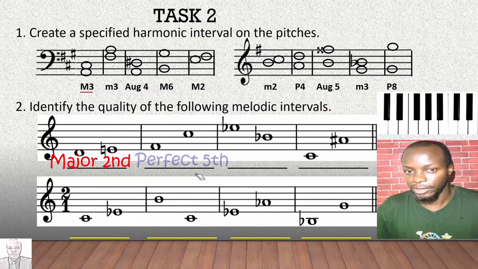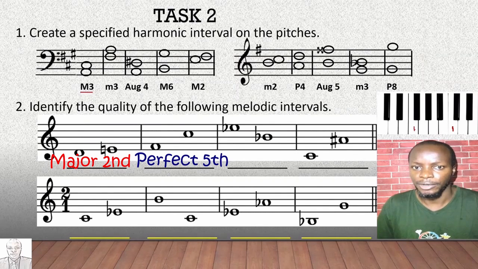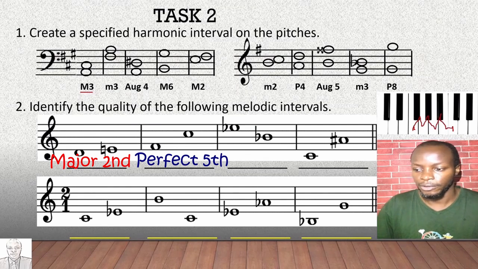Alright, the perfect fifth has 7 semitones. So from F to C, count the number of semitones between them. If it is 7, then that is a perfect fifth. Alright, let's see. 1, 2, 3, 4, 5, 6, 7, and that is a perfect fifth.